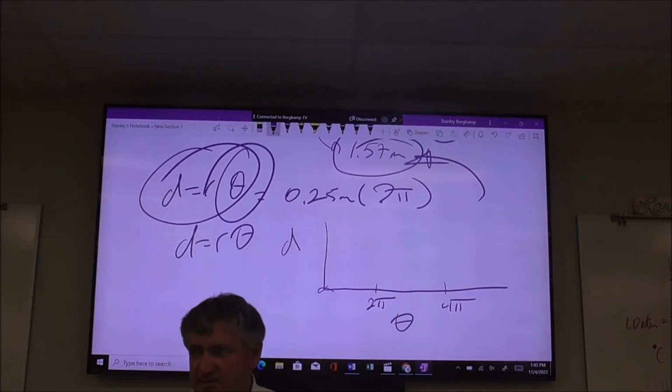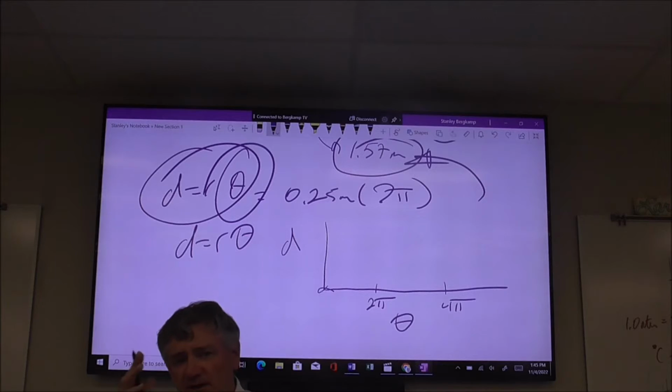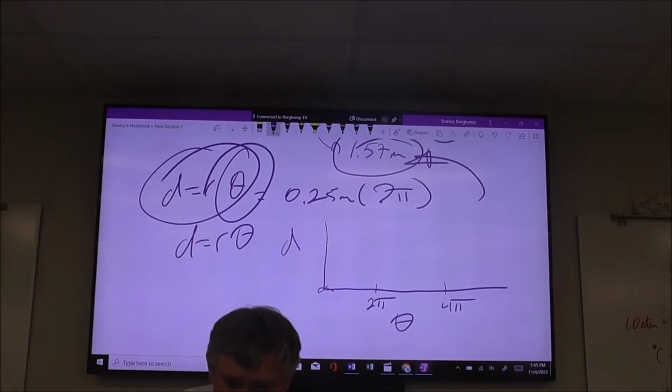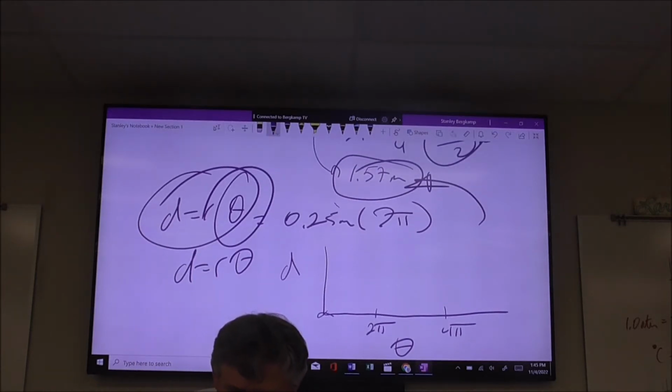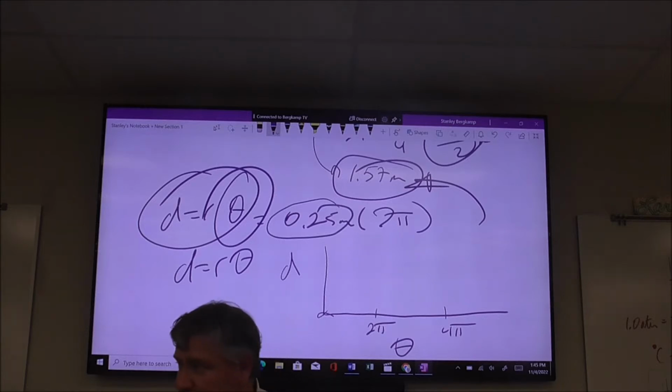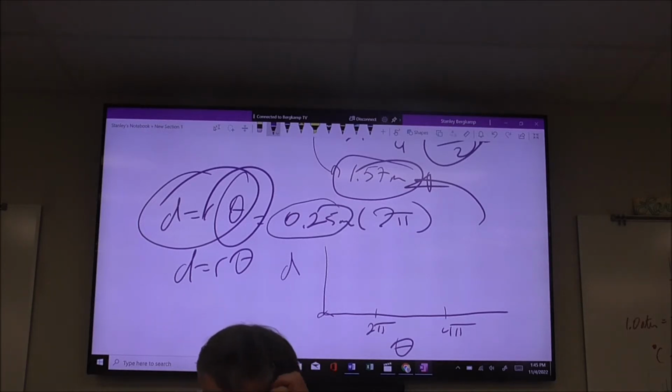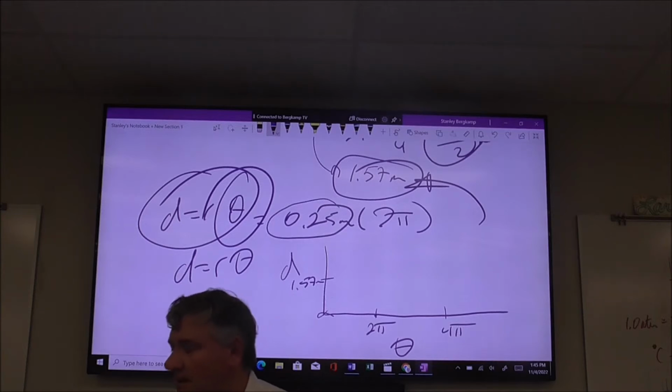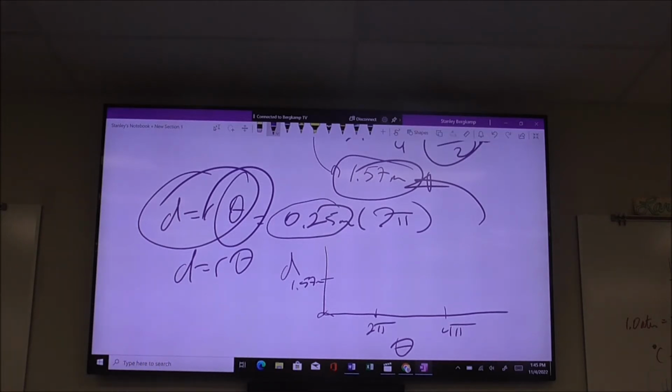Obviously this is going to start at 0, 0, right? So we said if the radius was 0.25 meters, that traveled 1.57 meters in one revolution.